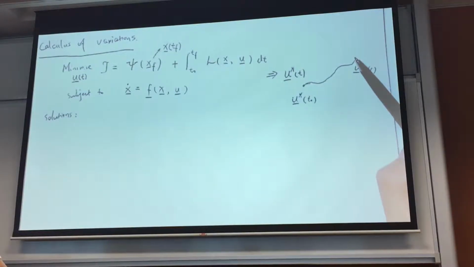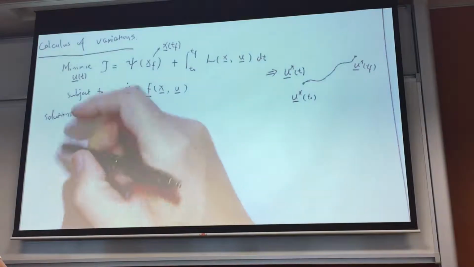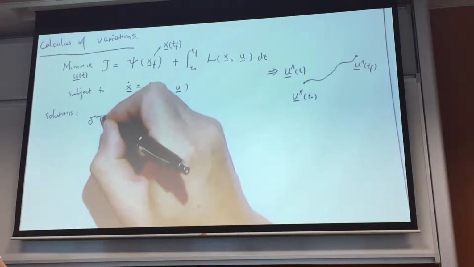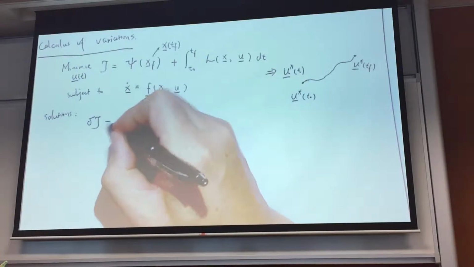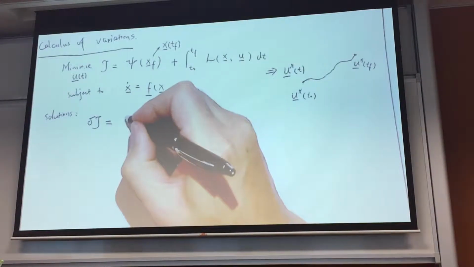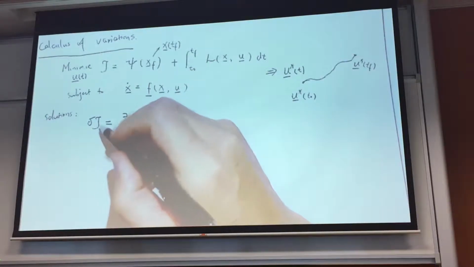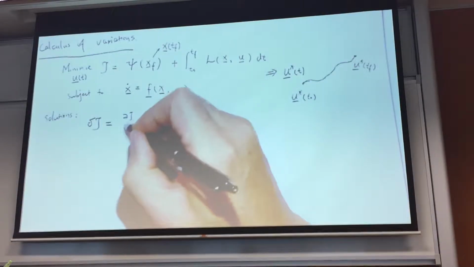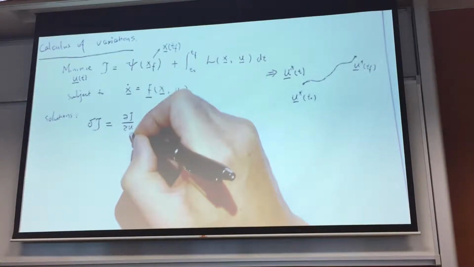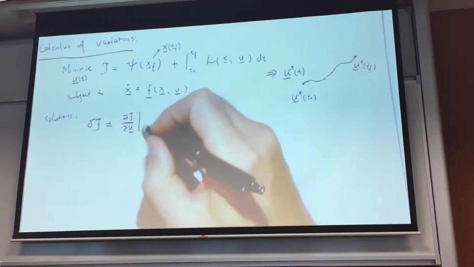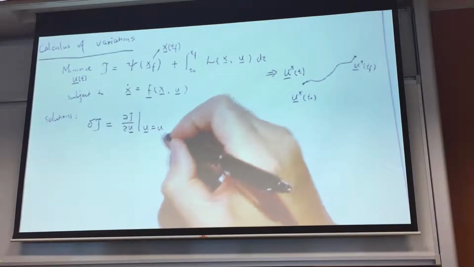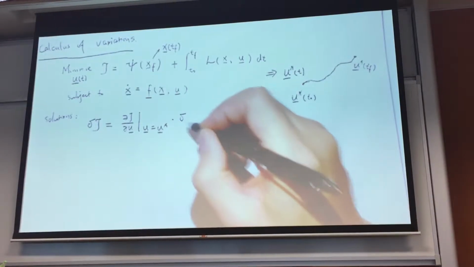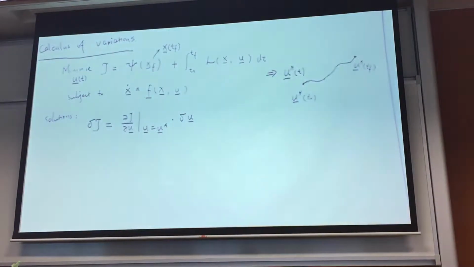In mathematics, this could be represented by the perturbation of the cost function equal to, so it's just a standard mathematical equation, the derivative evaluated at the time and multiplied by delta u.